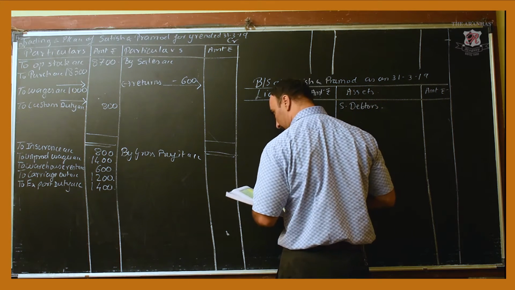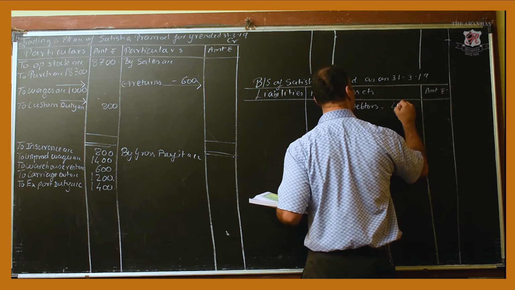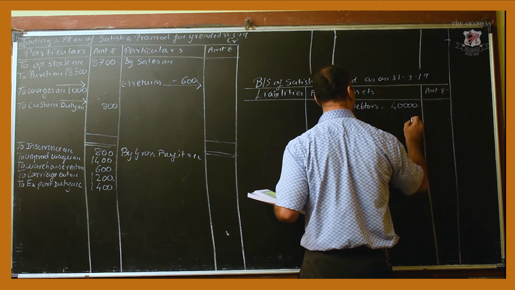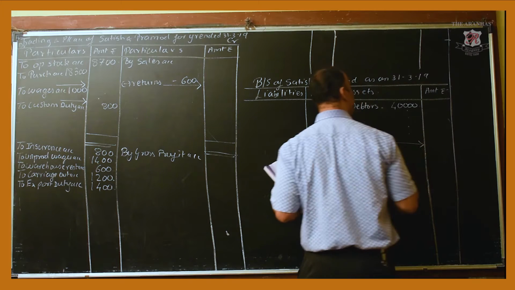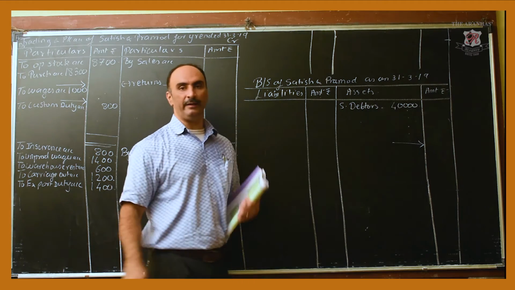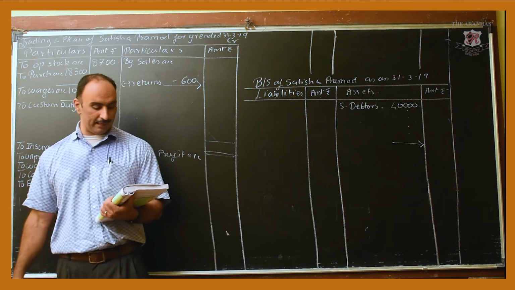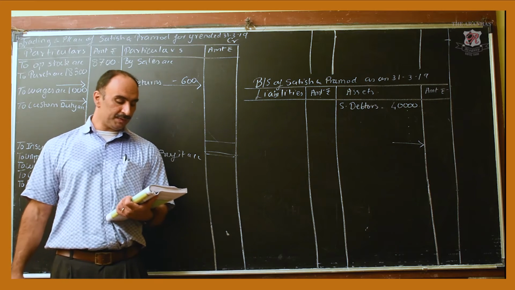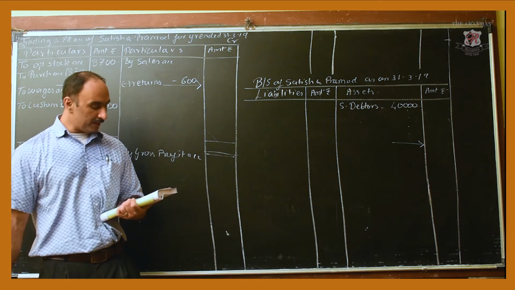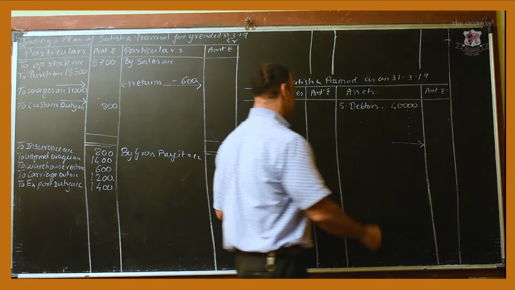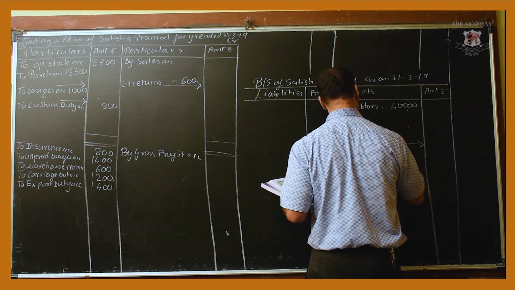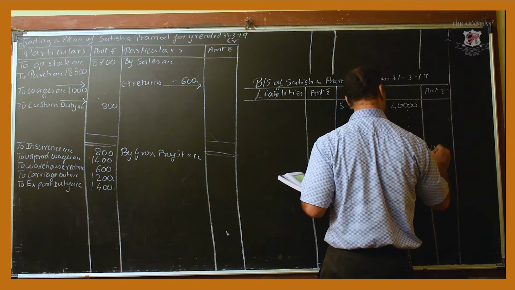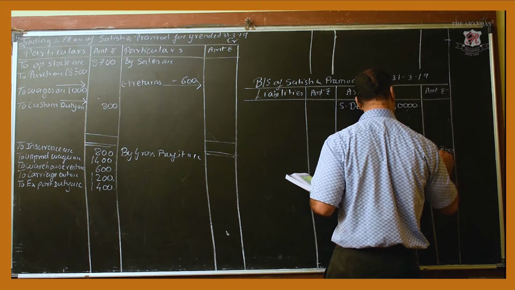Then we have our sundry debtors. So they are your assets. On the asset side, we will record 40,000 and they have 3 tick marks. 3 tick marks means we will leave 5 lines for sundry debtors. Always 3 tick marks, 5 lines. Then is investments. Investments is another asset. So on the asset side only we will record investments, 15,700 rupees.